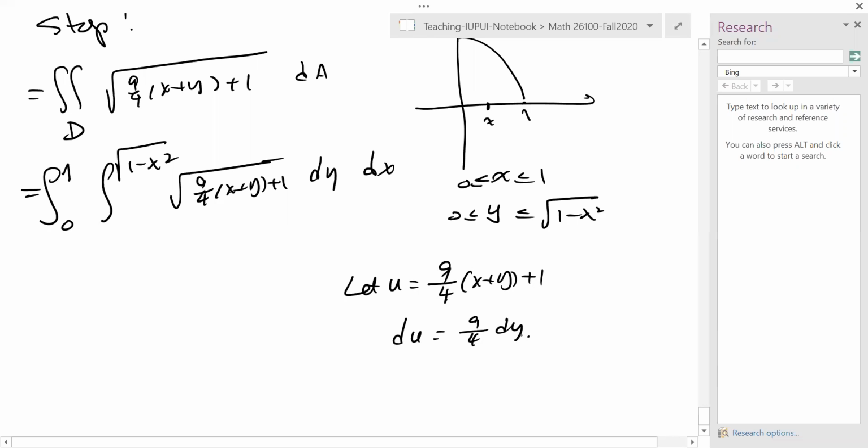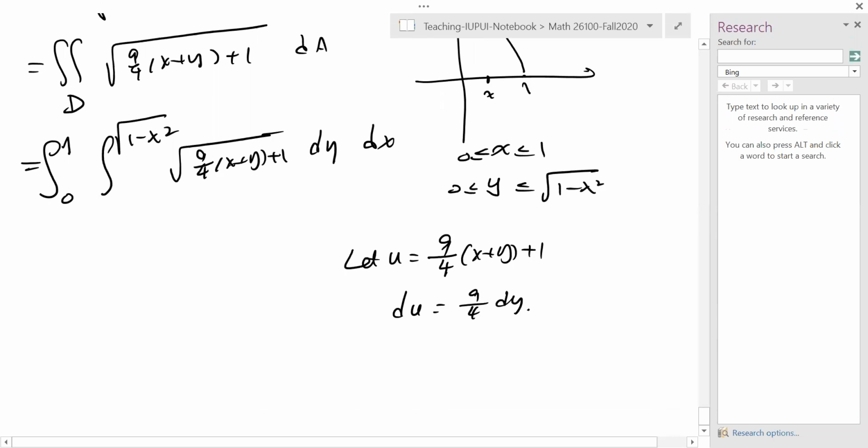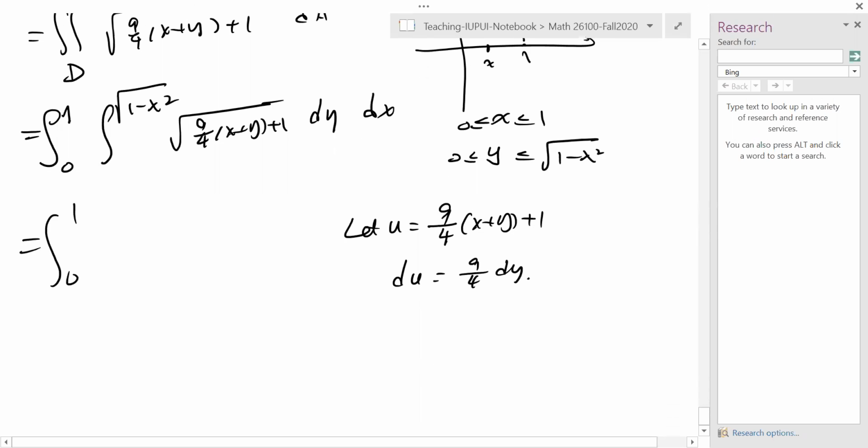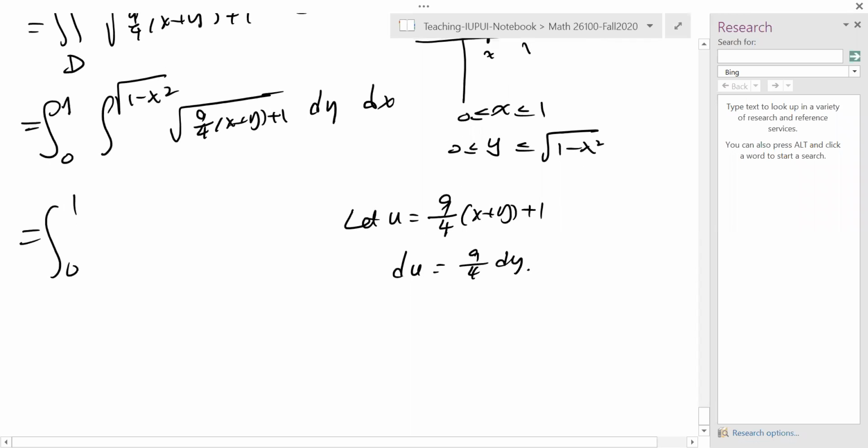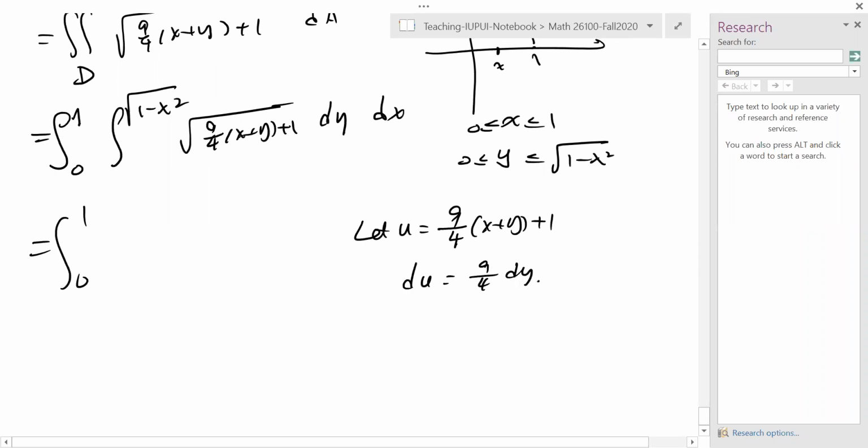We view x as constant. So that means the antiderivative of that function, you can use substitution directly, or you just find the antiderivative of the inside function with respect to the y variable.